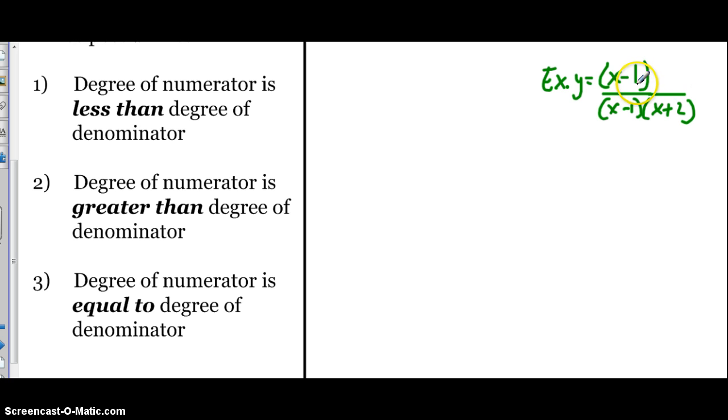In this case, the numerator has a lesser degree than the denominator. Our degree in the numerator would be 1 because our highest exponent here is 1.